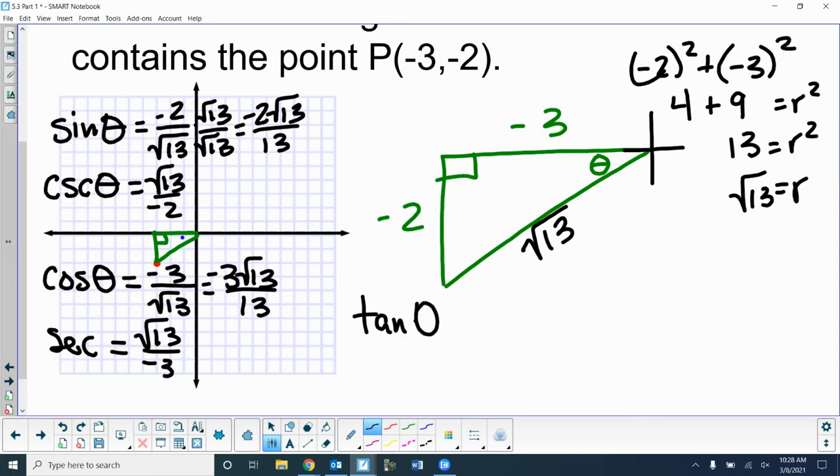Clay, what's tangent? Right, -2 over. So since there's two negatives, I'm just going to make them positive. And then cotangent is just put that. Okay? Does this make sense? So it's just being able to draw the picture. Once you got the picture, it's just like last week. You do have a few negatives. All right, so far so good?